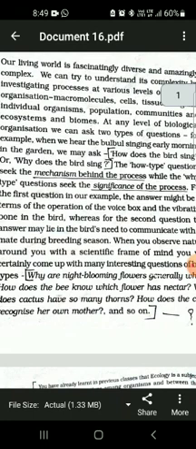How seeks a mechanism behind the process, while why type questions seek the significance of the process. For the first question in our example, the answer might be in terms of operation of the voice box and the vibrating bone in the bird, whereas for the second question, the answer may lie in the bird's need to communicate with its mate during breeding season.